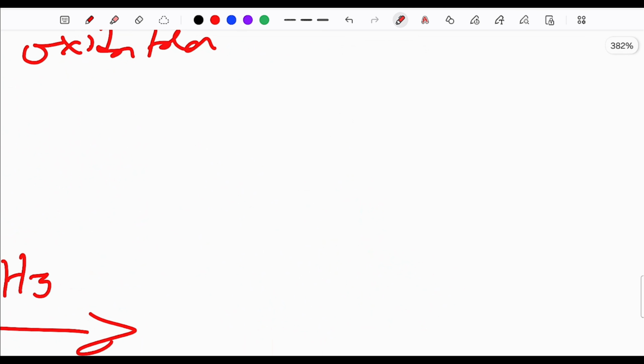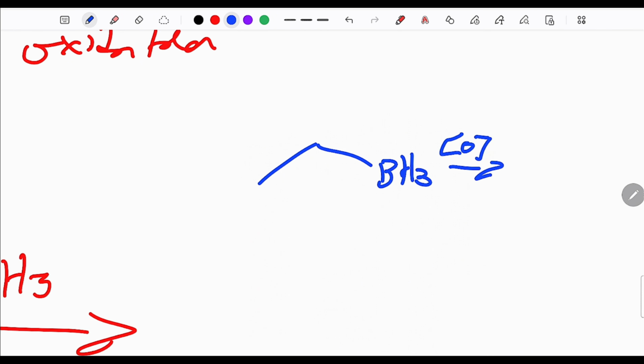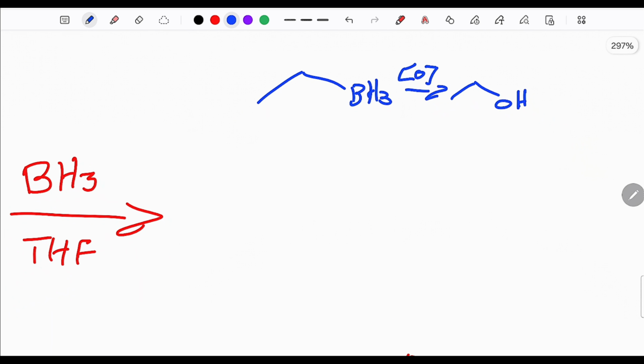So if you remember, when we had an alkyl borane forming from our alkene, right? So if I reacted my alkene with a BH3, I would form a what? An alkyl borane. Okay, so something like this. BH3. And upon oxidation, it would generate me an alcohol.